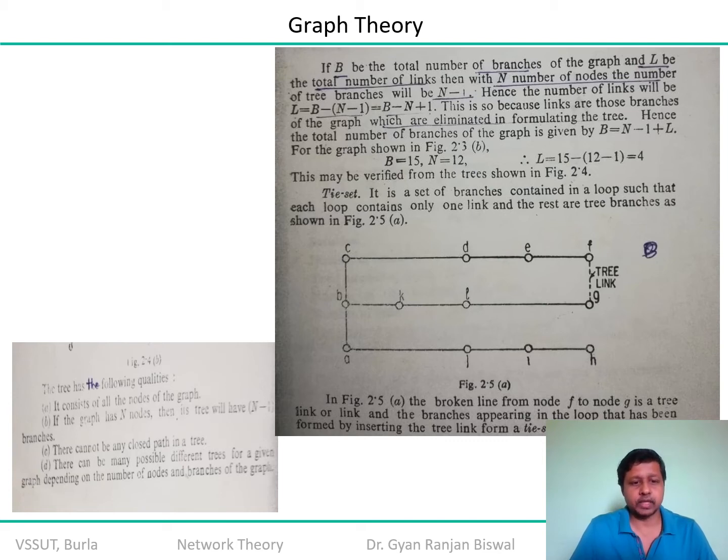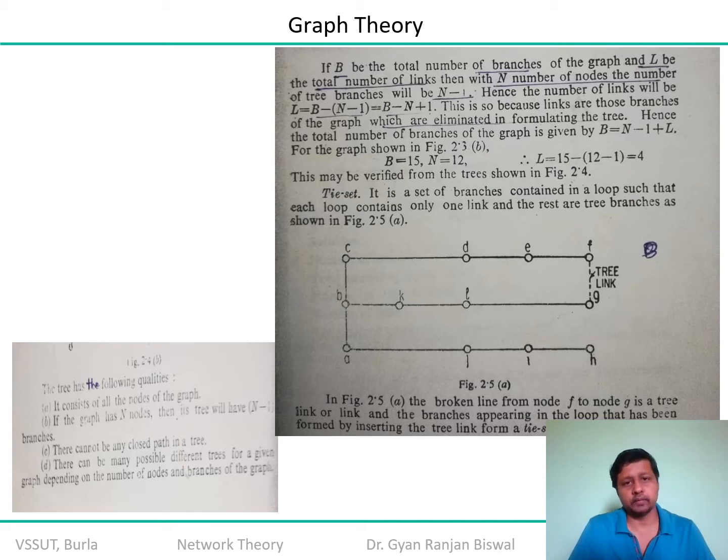There can be many possible ways to construct a tree from a graph, which I have already discussed with you. Let us consider an example, as demonstrated in this figure. From now onwards, capital B stands for the total number of branches of a graph, capital L represents the total number of links, and capital N represents the total number of nodes participating in the graph.